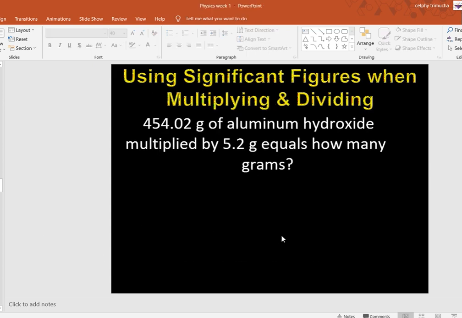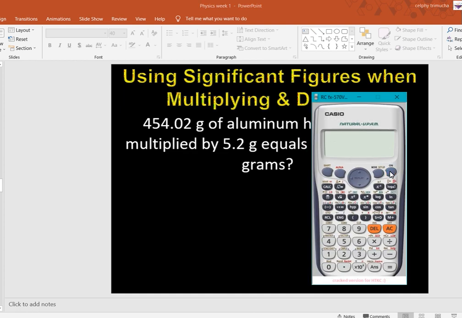Next, 454.02 gram of aluminum hydroxide multiplied by 5.2 equals how many grams? So if we are going to multiply this using our calculator, this will be equal to 454.02 times 5.2.